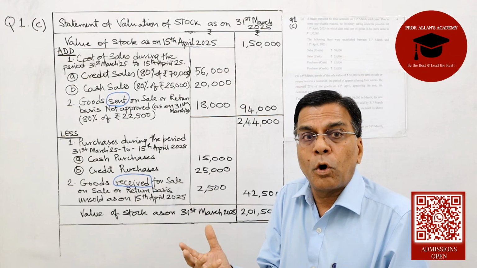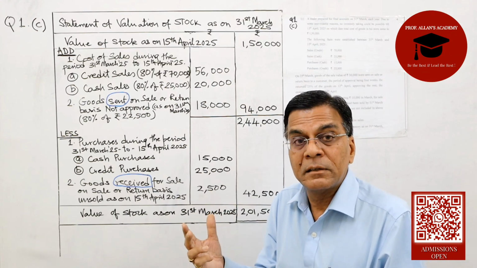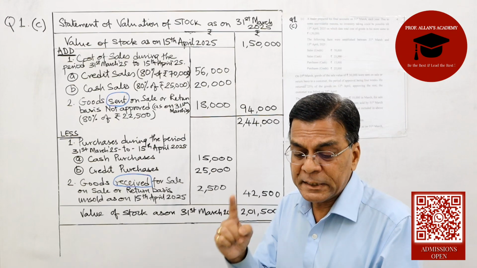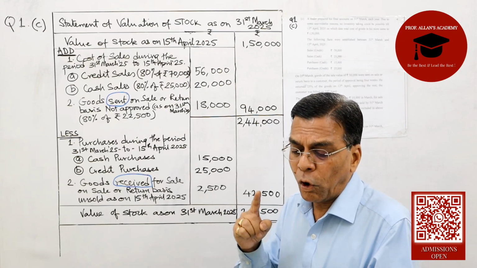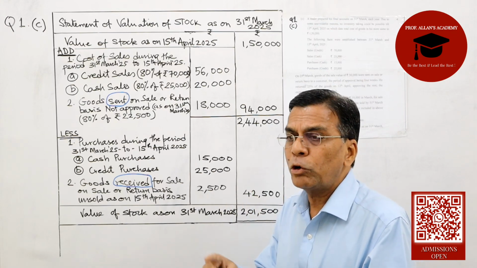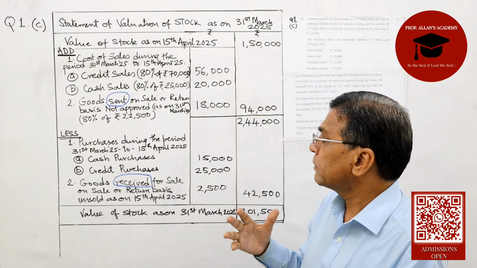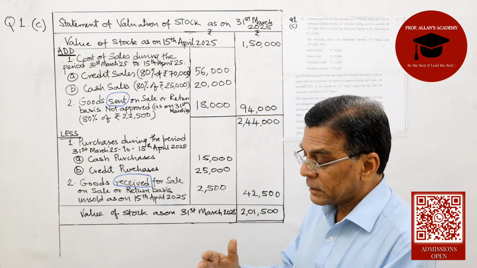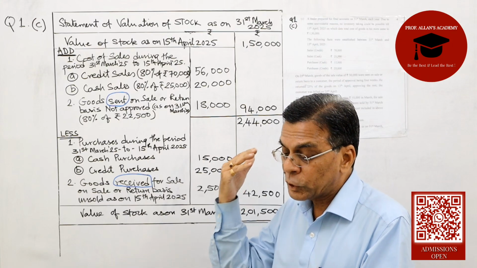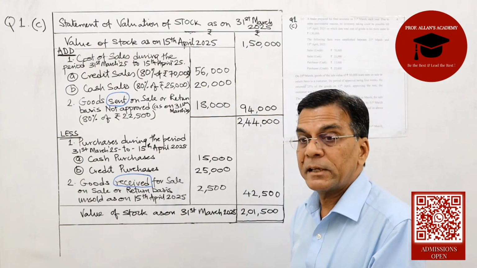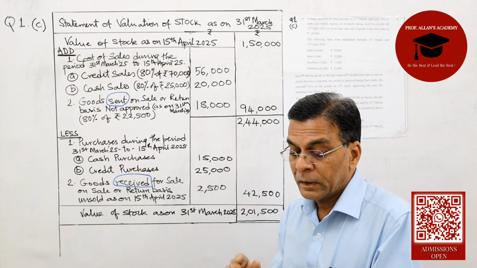You are selling it on behalf of another party for possibly a commission. Now they say that 50% of these goods had been sold by 31st March. So out of 10,000, 50% are already sold by 31st March. That means they don't form a part of my stock on 15th April.